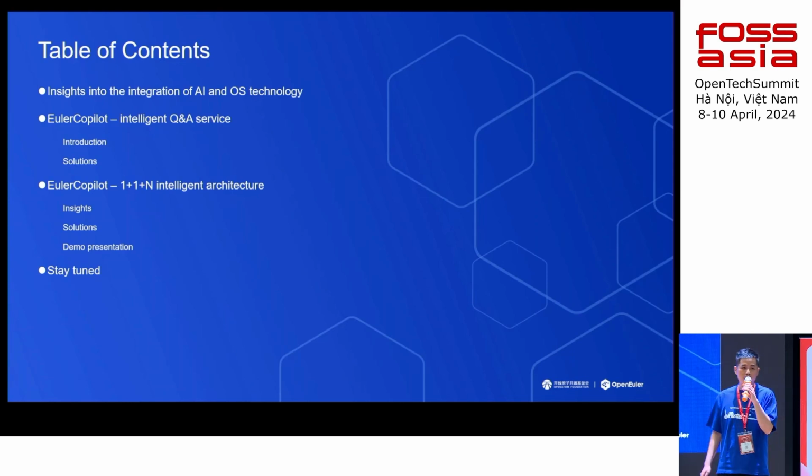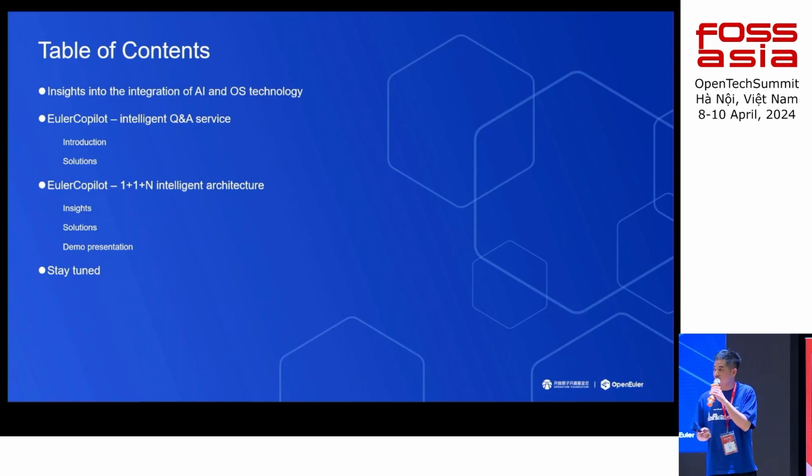And then I will introduce our EulerCopilot. EulerCopilot has two parts. The first part is that we have released a Q&A online service, and then we will introduce the 1 + 1 + n intelligent architecture we proposed. And at the last, I will introduce some of our release notes to you. Okay.